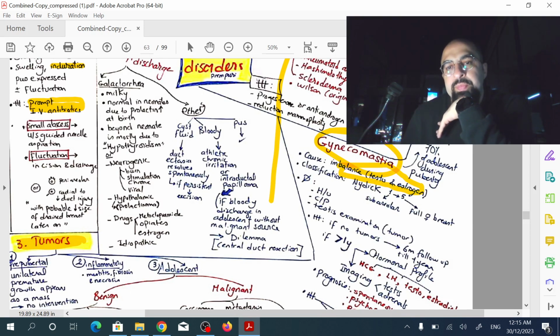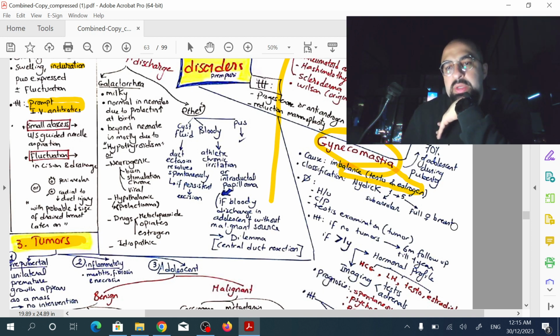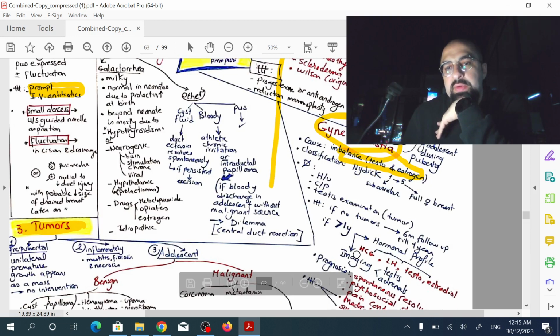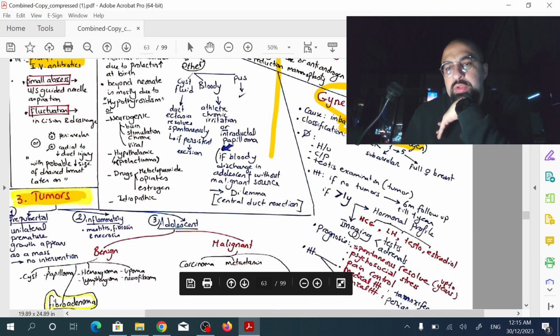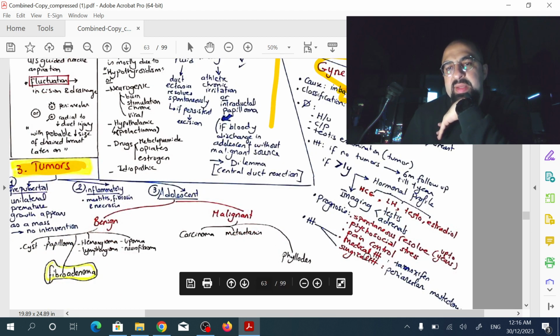For treatment, if no tumors, follow up at 6 months for up to 2 years. If more than 2 years, a hormonal profile should be investigated: LH, HCG, testosterone, estradiol. Prognosis is spontaneous resolution, and the psychological stress resolves with it. In problematic cases, medical treatment like tamoxifen, which is anti-estrogen, and surgical treatment may be used, but that is out of our scope.